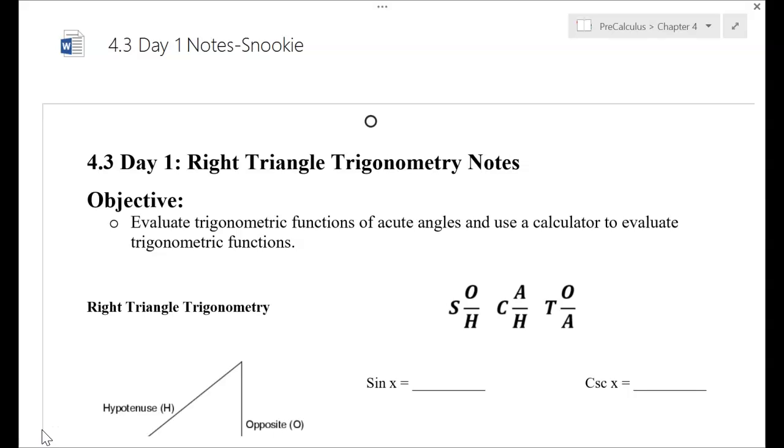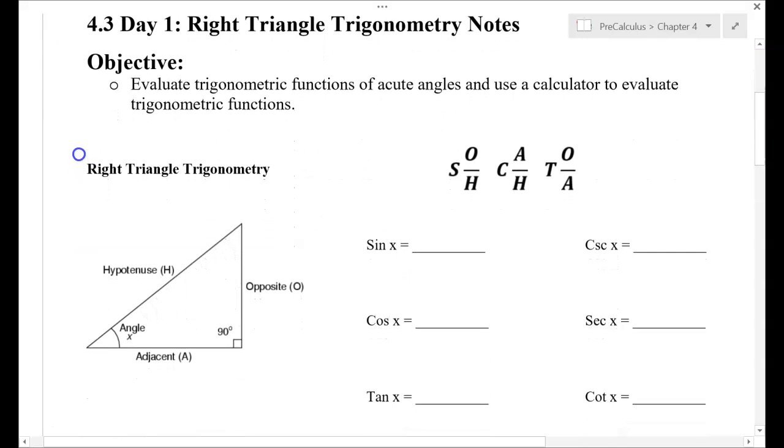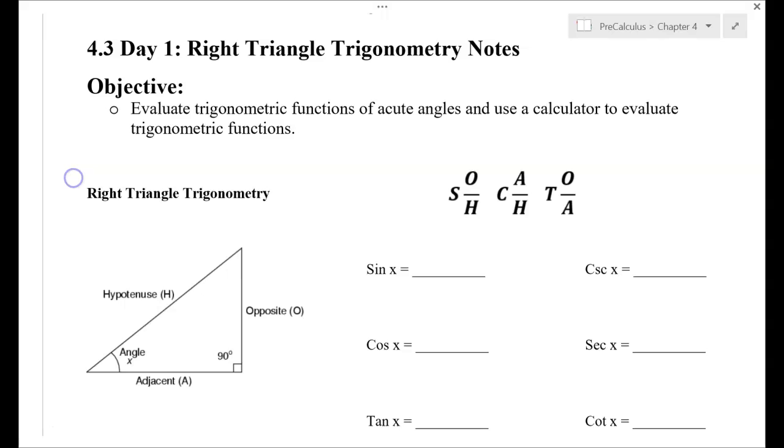Now this section is about right triangle trigonometry, and in many ways it should be a review of what you've done before. As a reminder, right triangle trig involves using SOHCAHTOA. S for sine, O over H is opposite over hypotenuse.